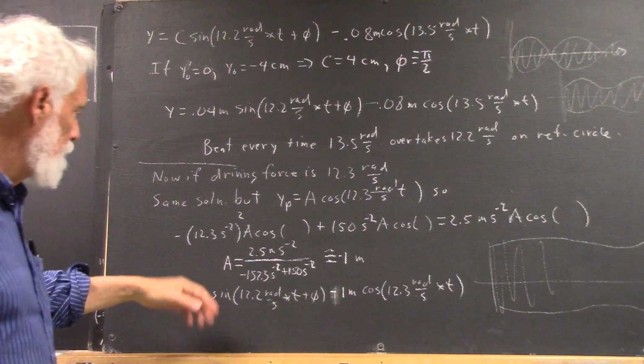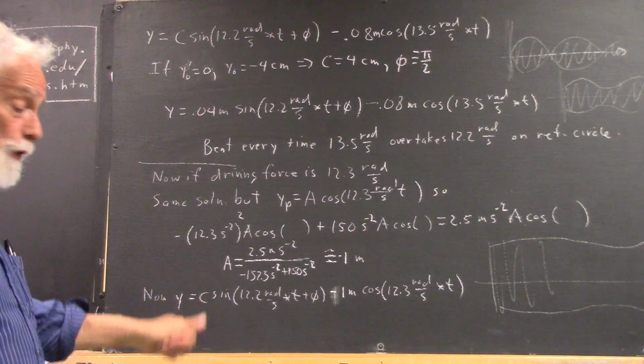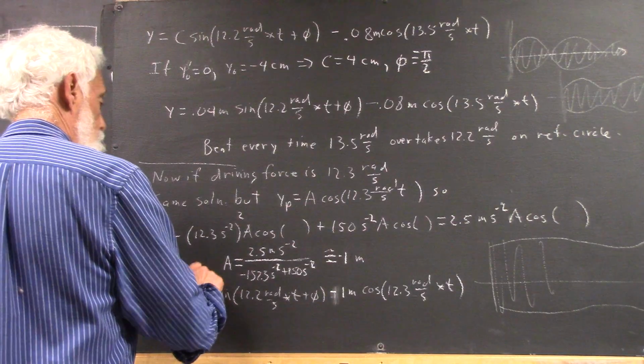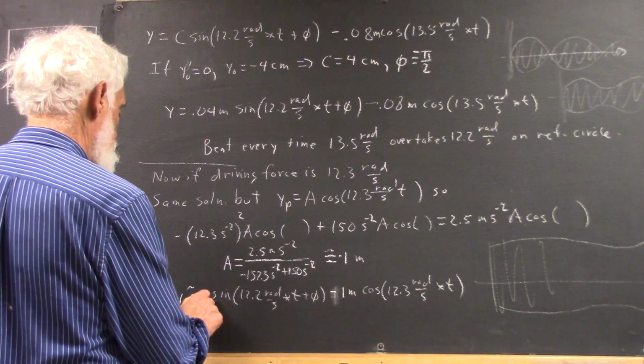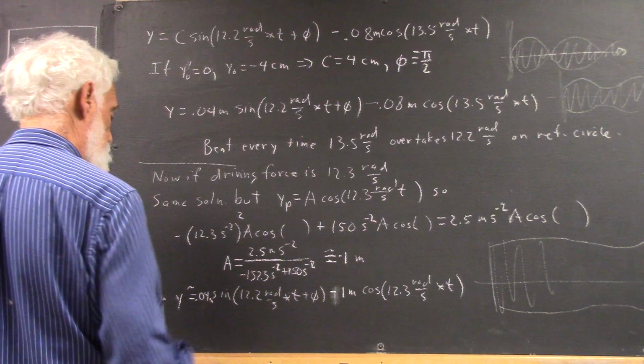Now down here I said that in the case of the 12.3 radian per second driving force, this is something like a meter, and this amplitude is still 0.04 meter.